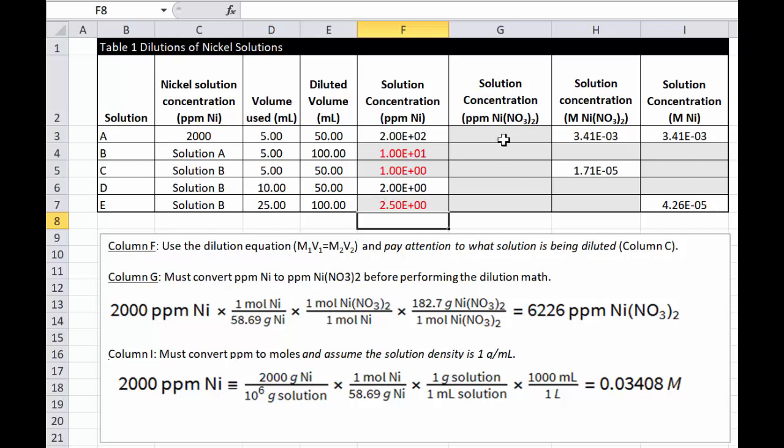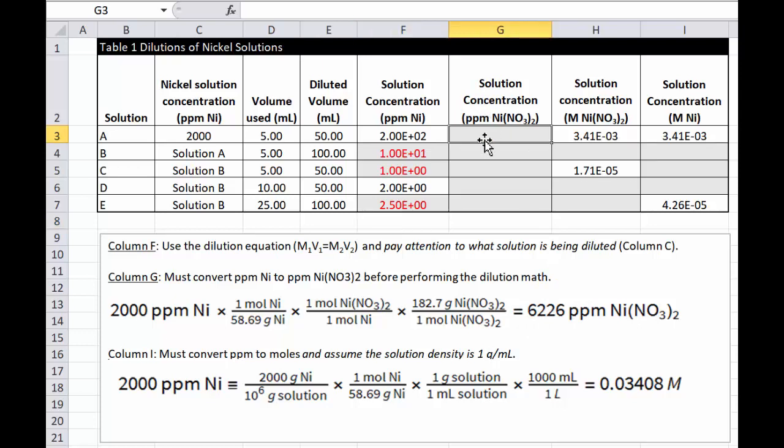Column G, if we want concentrations, the first thing that we need to do is convert the ppm of nickel into the parts per million of nickel nitrate. And I do that with some stoichiometry here. I don't need to talk through this. You can take a look at the math and see how we get 6226 parts per million nickel nitrate.